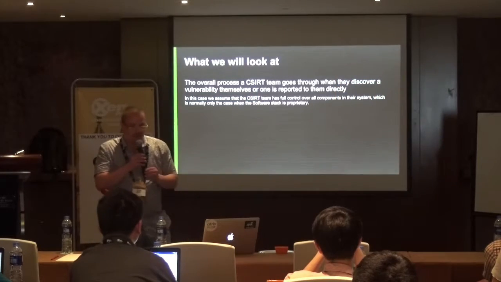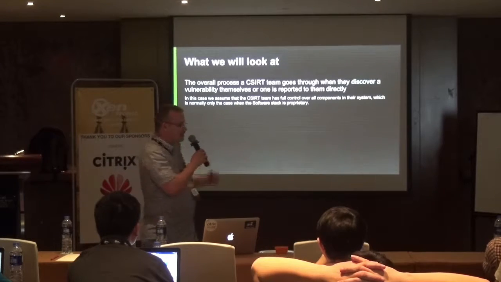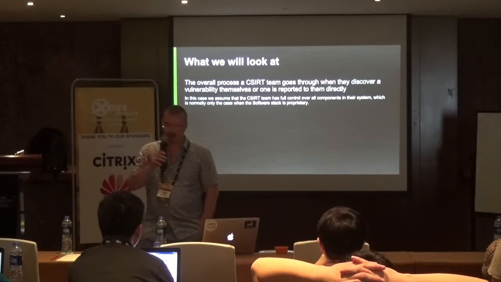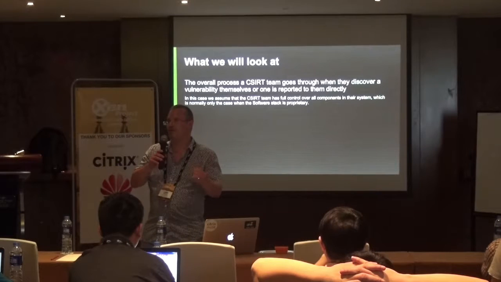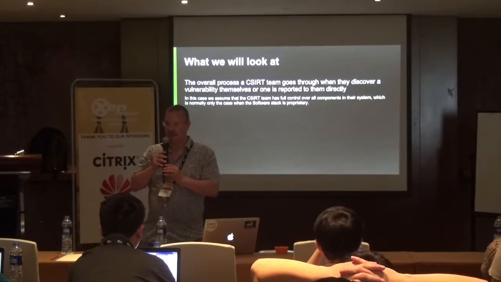So what will we look at? We'll look at the fundamental activities which happen within one of those teams when a vulnerability is discovered. We're doing this from a proprietary viewpoint, if you were a proprietary vendor, because you have a lot more control there in many ways.